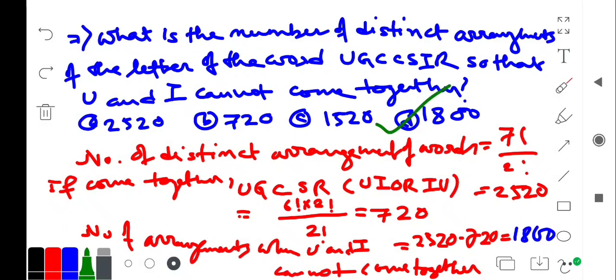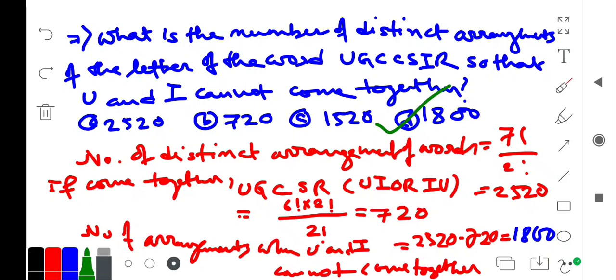Okay, so what is the number of distinct arrangements of the letters of the word UGCCSIR so that U and I cannot come together? এমন ভাবে আমাকে UGCCSIR কিভাবে অ্যারেঞ্জমেন্ট করব যাতে সমস্ত অ্যারেঞ্জমেন্টে ইউ আর আই কাছাকাছি থাকবে না। So there must be number of distinct arrangements.